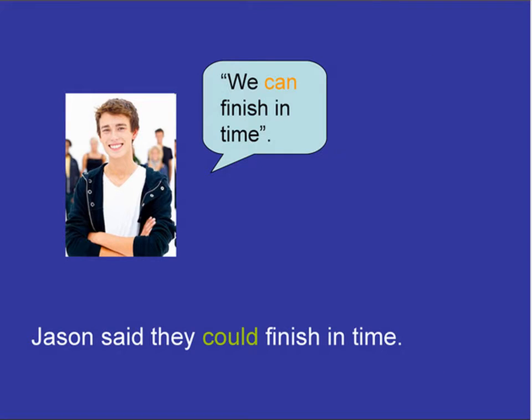This young boy, Jason, said, we can finish in time. In this case, Jason said, we is turned to what? They. Can is turned to could. They could finish in time.